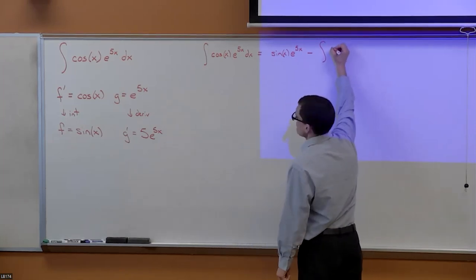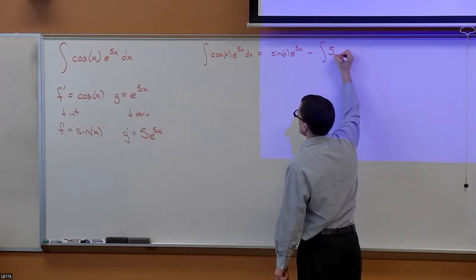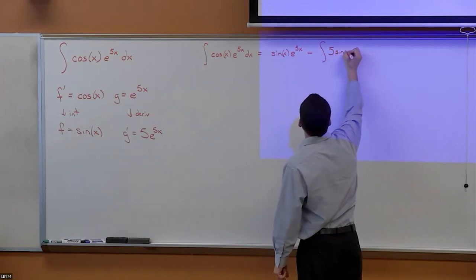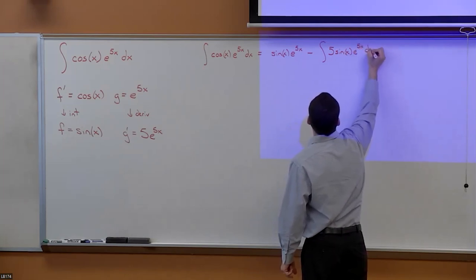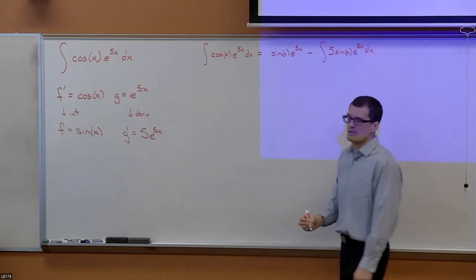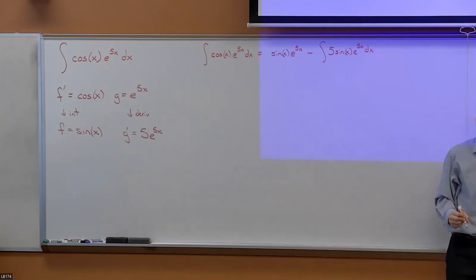Now your f times g prime is going to be 5 sine x e to the 5x, and we're going to integrate that with respect to x.